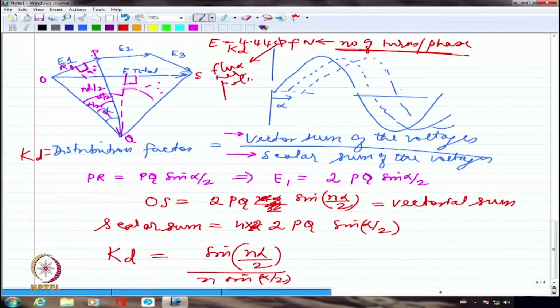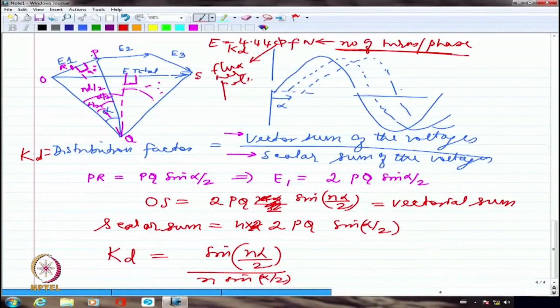And I'm going to have definitely a phase shift between them. So I can't make a scalar sum, rather I have to make a vector sum. Right? So we are going to have this creeping in. This KD will creep in every time I have a distributed winding, in induction motor and synchronous machine. Both of them, if I look at the induced EMF, will have this factor KD.